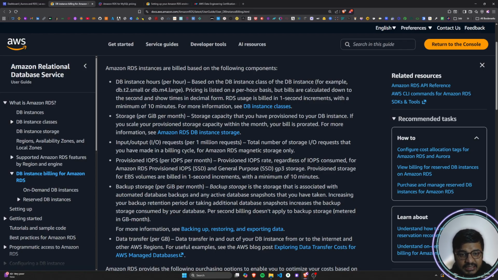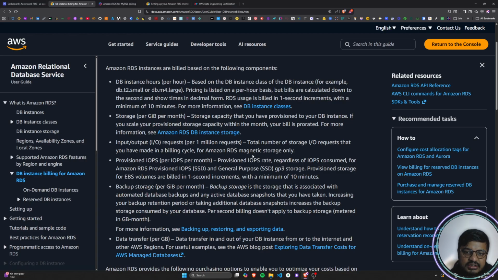For storing our data, we are charged very minimal from AWS. The major charges are for input output requests. If you have a high input output request, that is charged. Some charge is also for the backup storage, and data transfer can be a good chunk of your billing if you are doing a lot of data transfer.